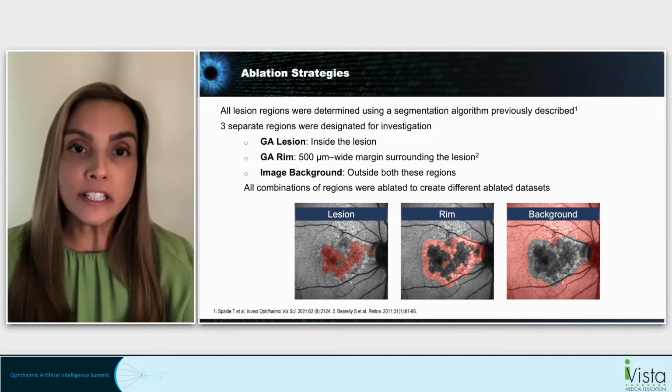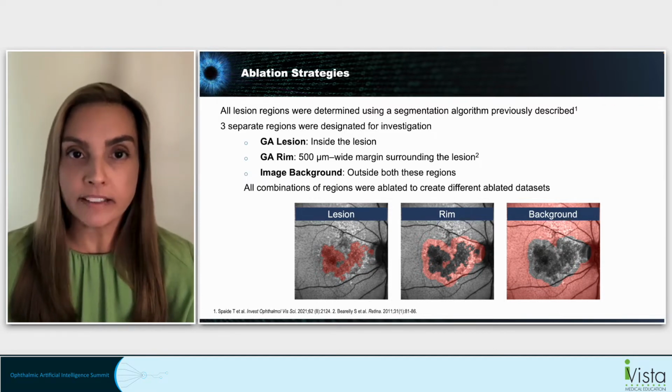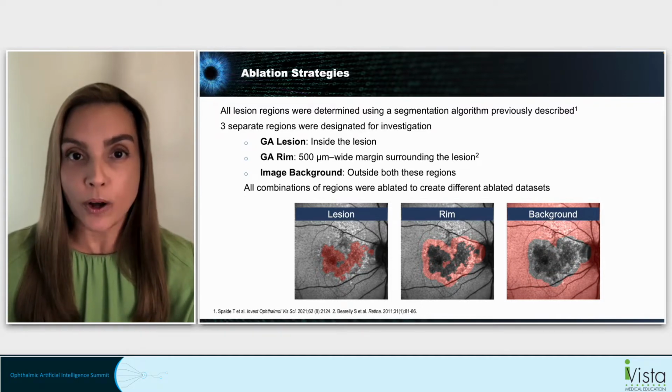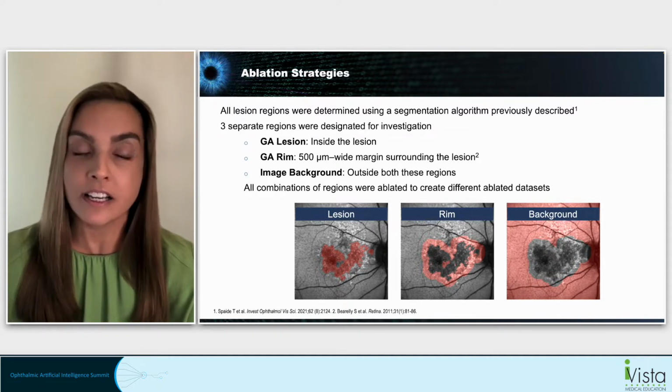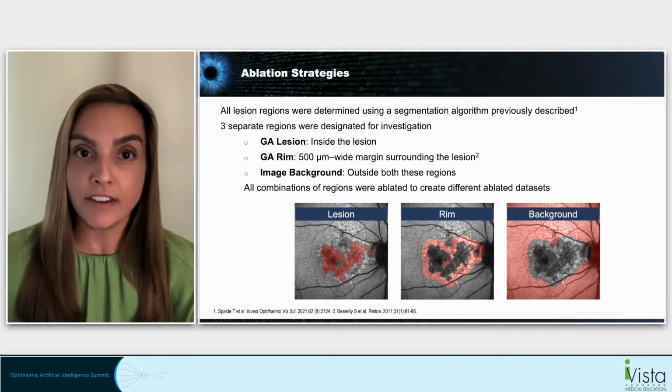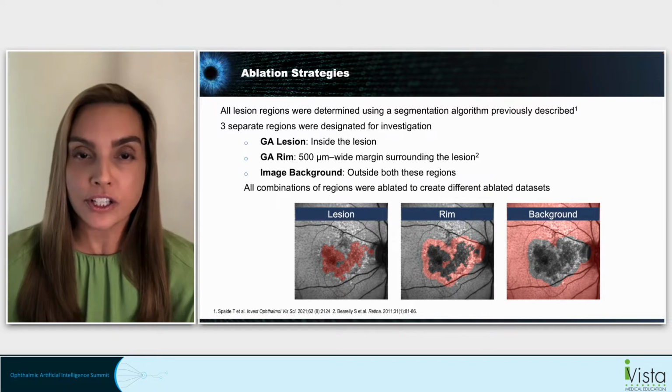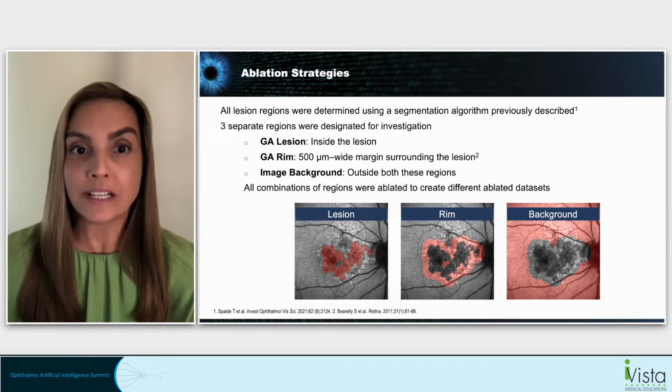So specifically, to better bring clinical interpretability to the GA progression prediction models that Dr. Anegondi just discussed, we picked our GA fundus autofluorescence images, and we selected 3 regions of clinical relevance. The first one was the GA lesion itself, so inside the lesion.